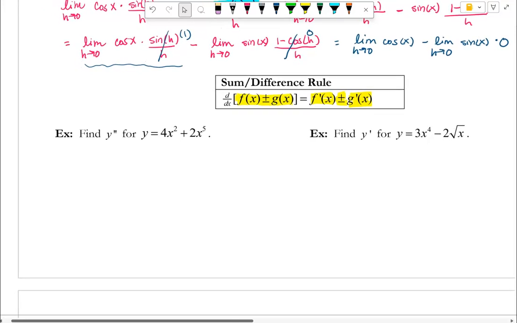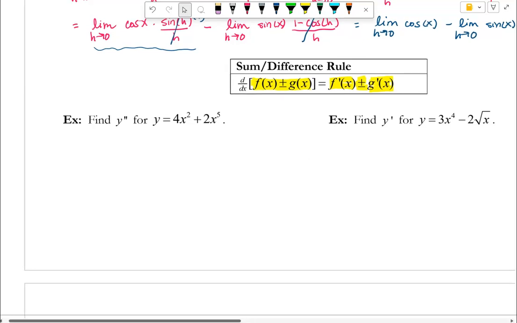So let's look at these examples, and these are pretty straightforward. So if I'm asked to find the second derivative for y, well, we always have to start at our first derivative. So if y is 4x squared plus 2x to the fifth, when I find y prime, I know using the power rule that I'm going to take my exponent 2, and I'm going to multiply it with that constant out front.